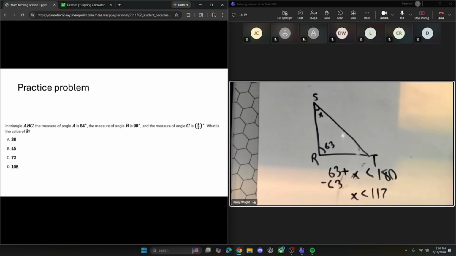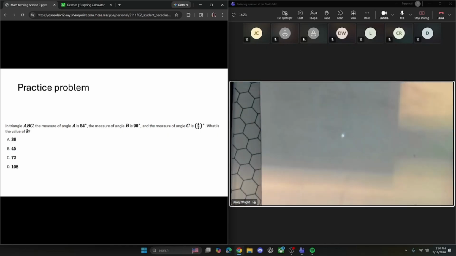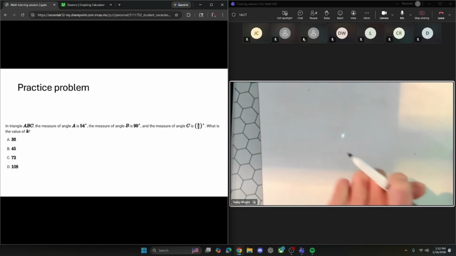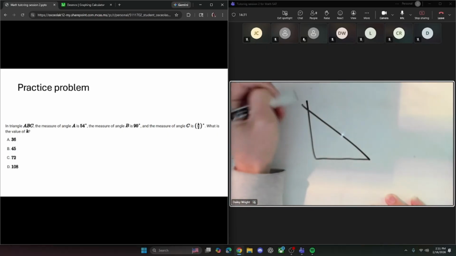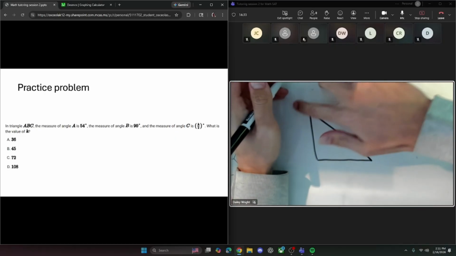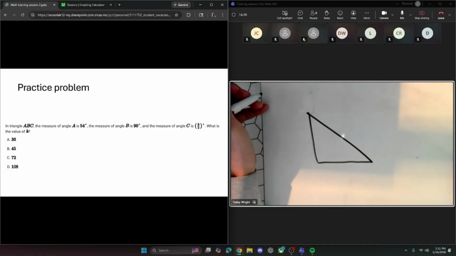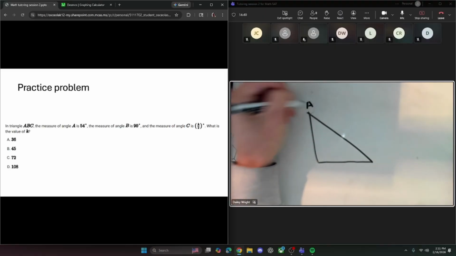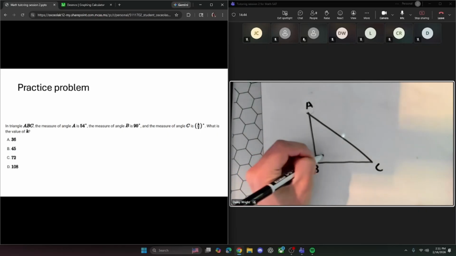In triangle ABC, the measure of angle A is 54, B is 90, and C is K over 2. It doesn't matter where you label your angles. I always do it differently every time, as long as I make a right triangle and put my right angle in the correct area. So let's say A, B, C. B is 90.